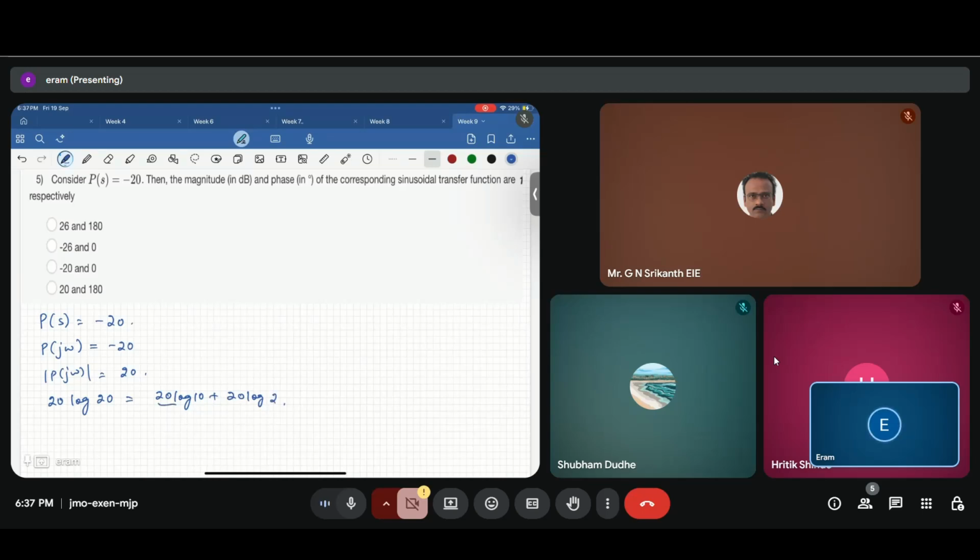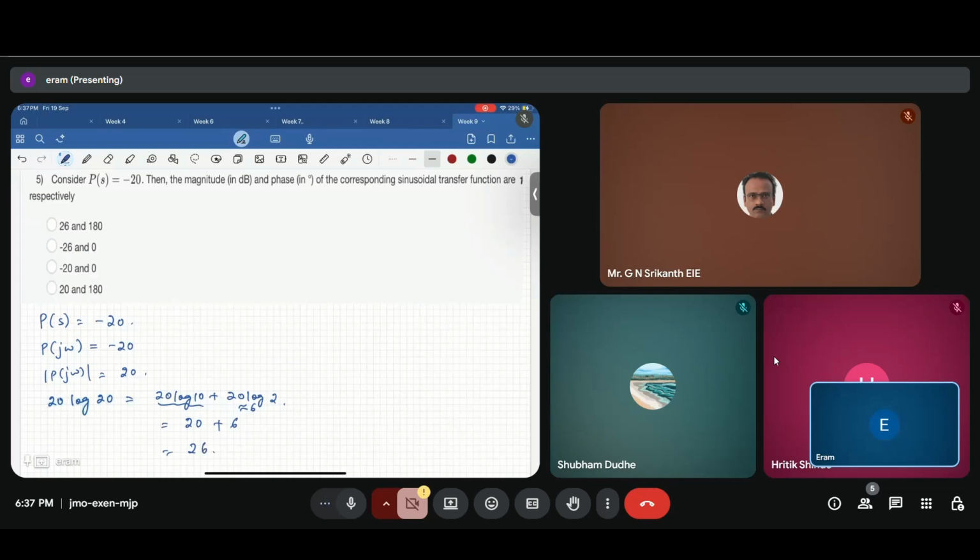This is nothing but 20, and 20 into log 2 is around 6, you can approximate, so it is 26. So the magnitude in dB is 26.